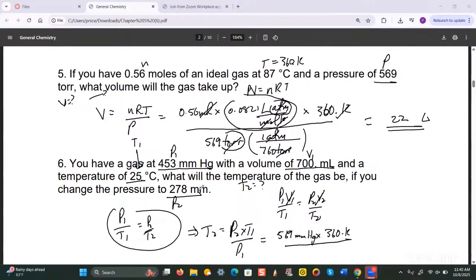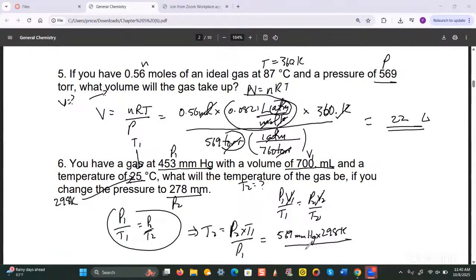So P2 is 569 millimeters mercury times T1, which is 360 Kelvin, and all divided by P1. Oh, my bad. Hold on. I'm looking at the top question. We did not convert that to Kelvin. So when you add 273 to this, that becomes 298 Kelvin, right? So that's what I need here, 298 Kelvin. And then I divide by P1.